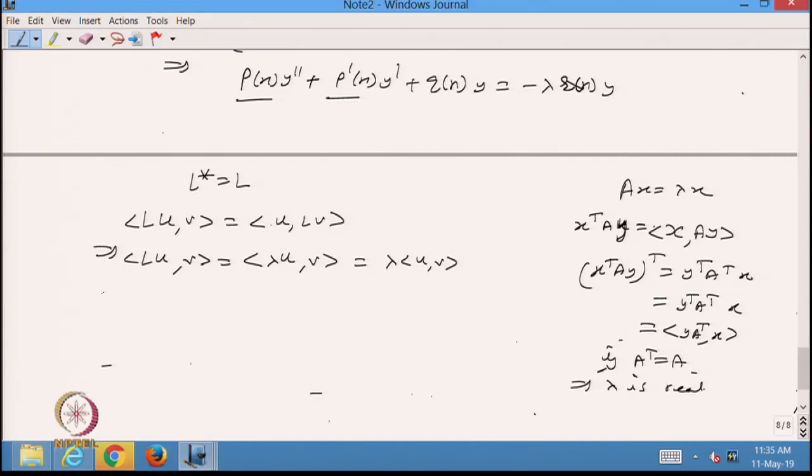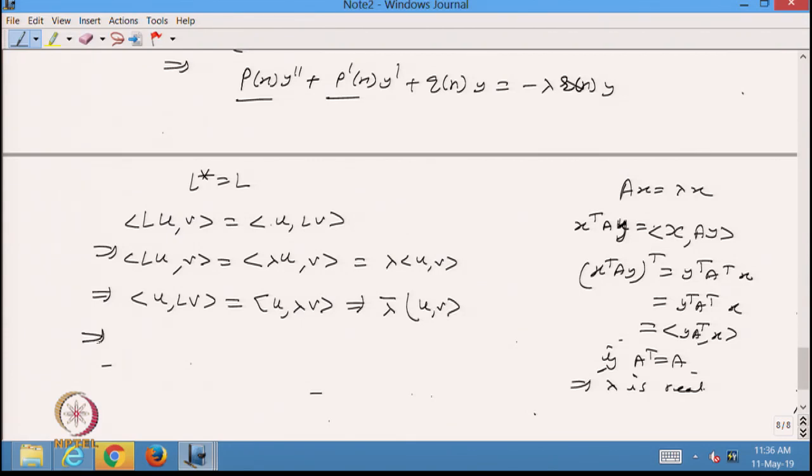Now let us see what happens if I define u and Lv. Here Lv is lambda v, because this is given to me, so I take the conjugate of lambda and then the inner product uv.